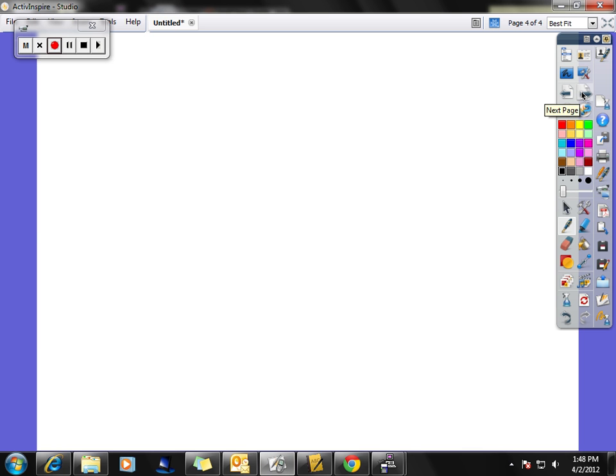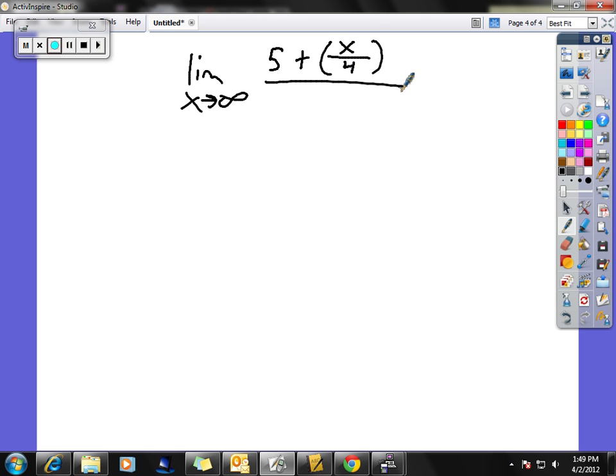And then one more quick little thing. If you have a problem like the limit as x approaches infinity of, let's say, 5 plus 4 over x, divided by 3 minus 8 over x squared. No, okay, I'm messing this up every time now. 4 over x is what I want. 4 over x, and let's say 8 over x squared here.